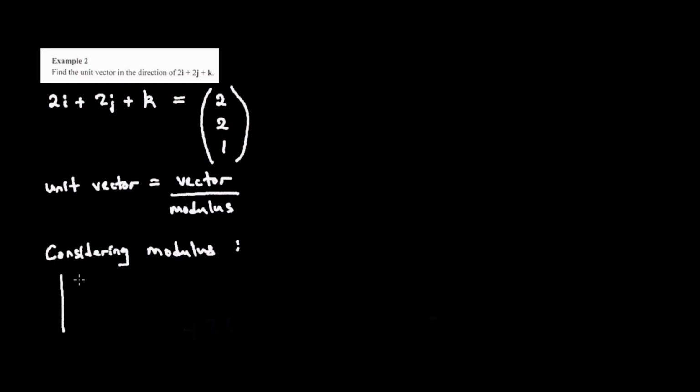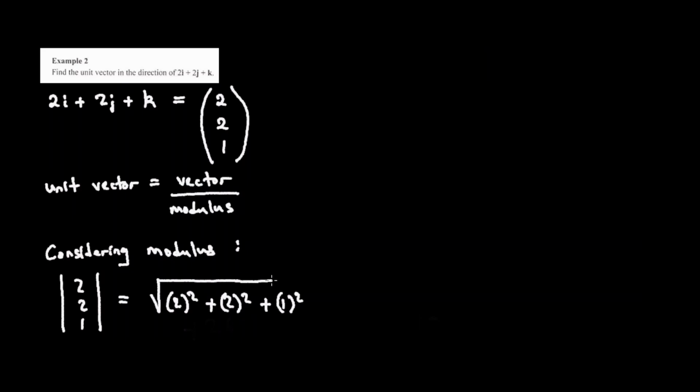To consider the modulus of (2, 2, 1), we know that it's equal to the square root of 2 squared plus 2 squared plus 1 squared. So we know that this is equal to the square root of 4 plus 4 plus 1, which is equal to the square root of 9, which is 3. Saka 3 is our size.